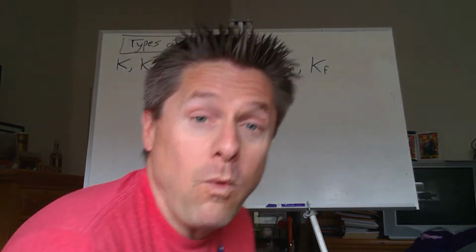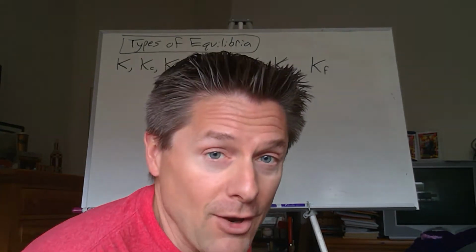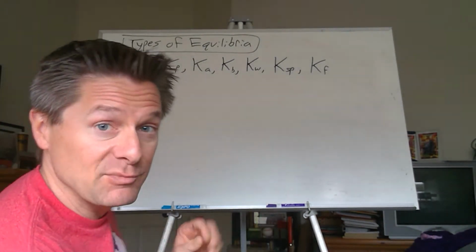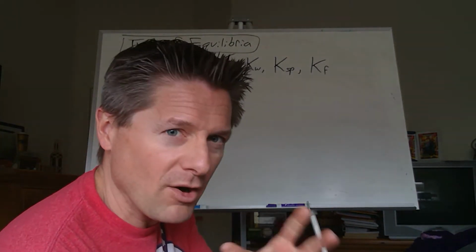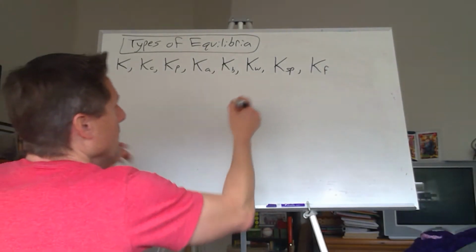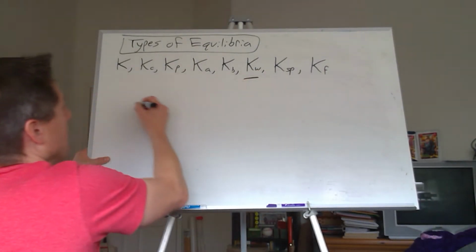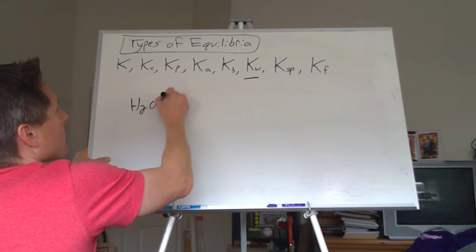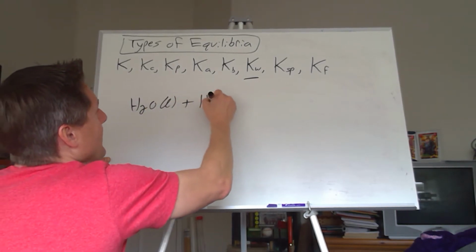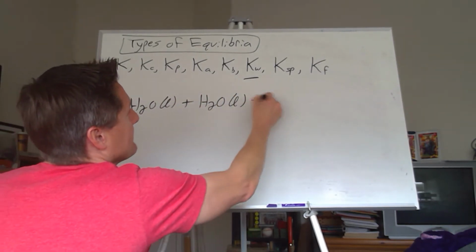For water, this is called an autoionization reaction. So let's put 2 water molecules. Even pure water will do this. So we're going to be looking at Kw in this scenario. So let's take a look at water with nothing else in it, just water by itself.